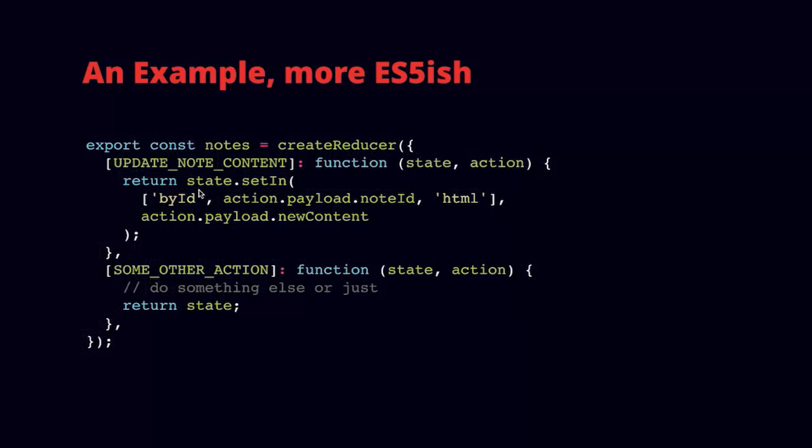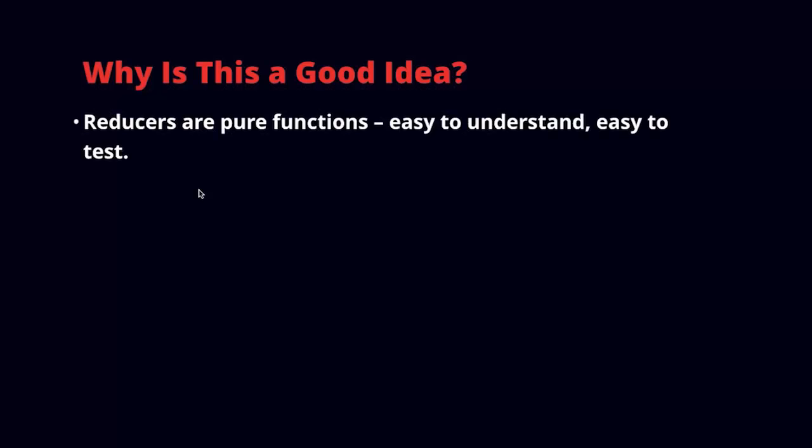It's really important at this point that those functions do not attempt to modify the state object that got passed into them. Now, why is this a good idea? Well, a couple of things. First, your reducers are pure functions. So they are very easy to understand and very easy to test.